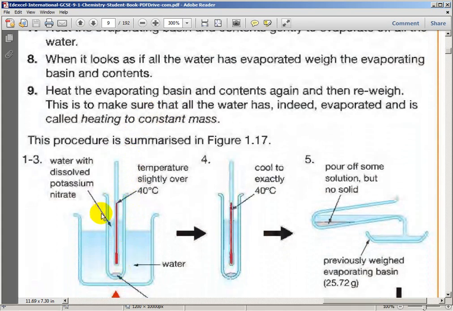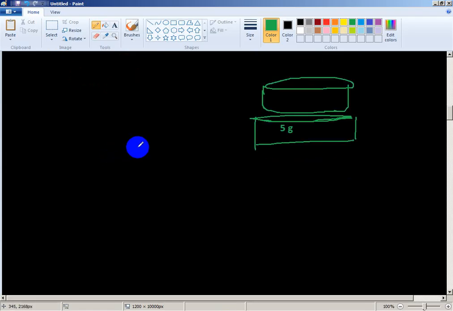This one, we take the solute in a boiling tube.